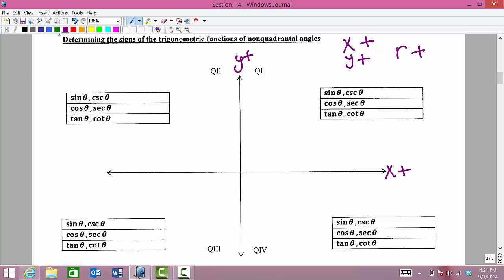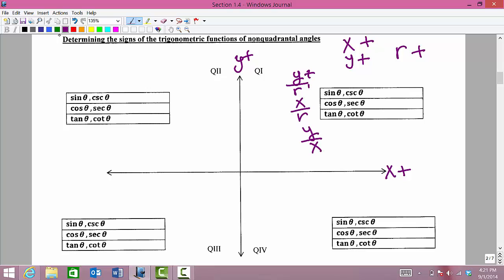in every quadrant because r is the distance from our origin point to a point that we pick on the terminal side. So since r is positive, x is positive and y is positive, keep in mind that all of my trig functions are formed by the ratios of y divided by r and its reciprocal, x divided by r and secant its reciprocal, and tangent, which is y divided by x and its reciprocal.